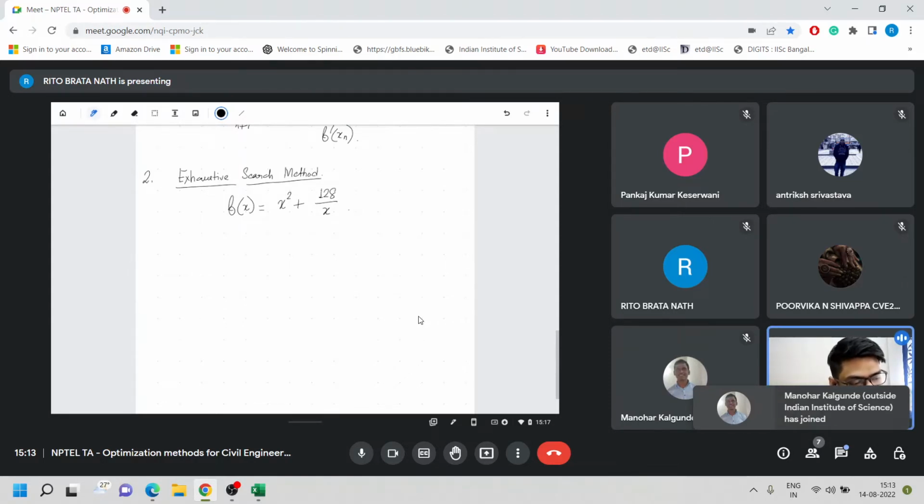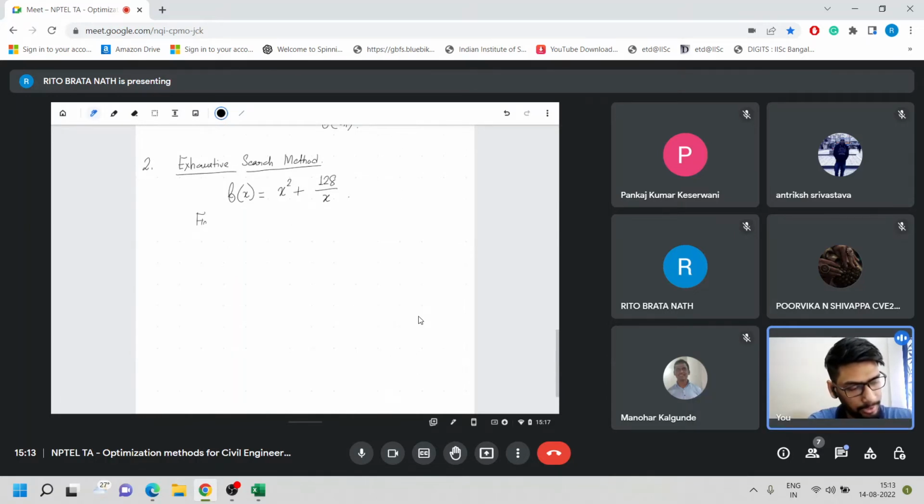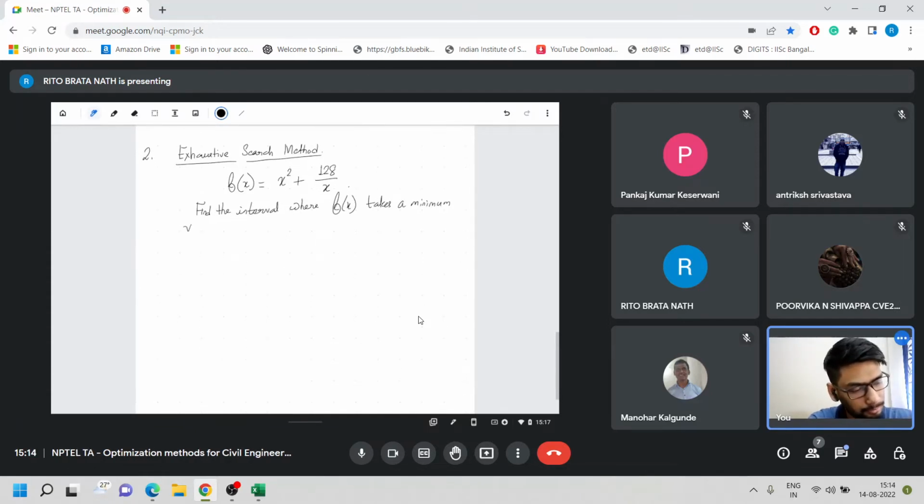I'm telling you to find the interval where f(x) takes a minimum value. If you shrink the interval as much as you can, that would be good, using the exhaustive search method.